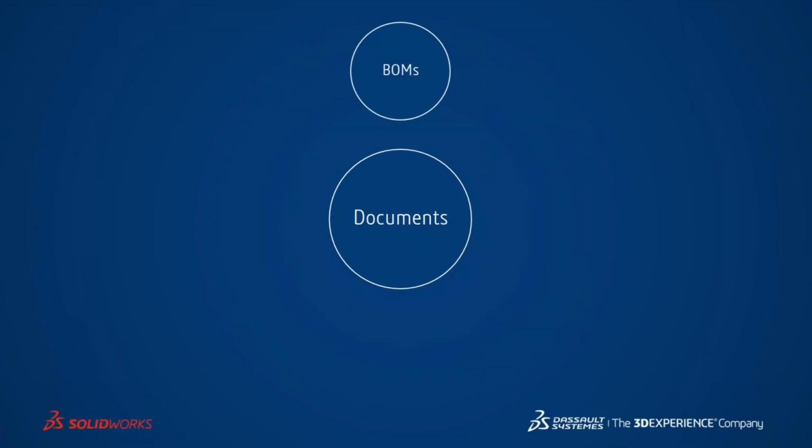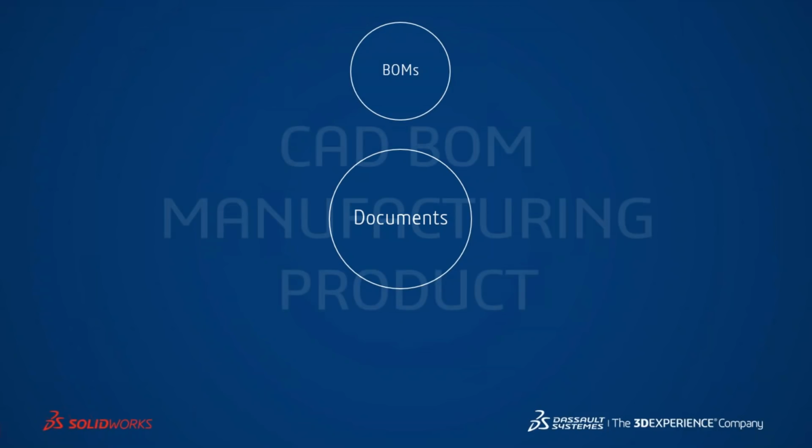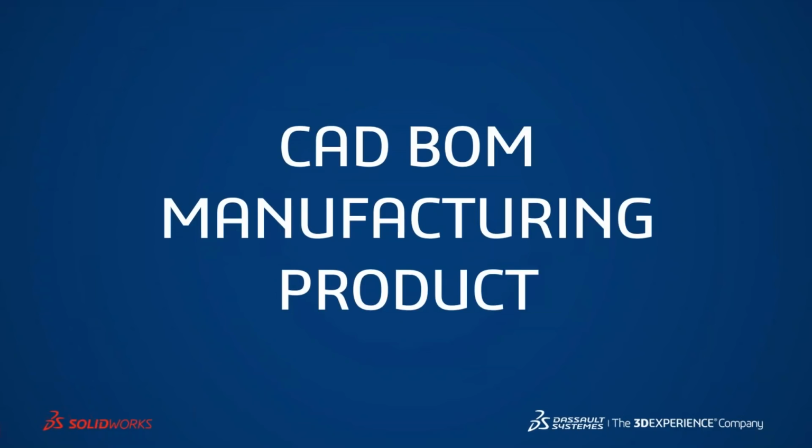Now, as we move out, we start to talk about bills of material. I touched on bills of material just a minute ago, but by and large, that's the CAD bill of material. That's what's produced when each and every one of us are going through and modeling up our designs and creating what we need inside of SOLIDWORKS.